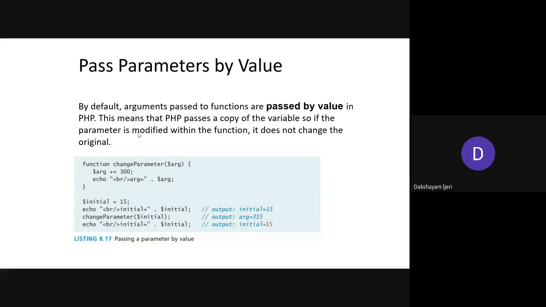Once you, as a programmer, are defining a function which is going to take certain parameters, there are two possibilities: while calling that function, you can call it with pass by value or with pass by reference.